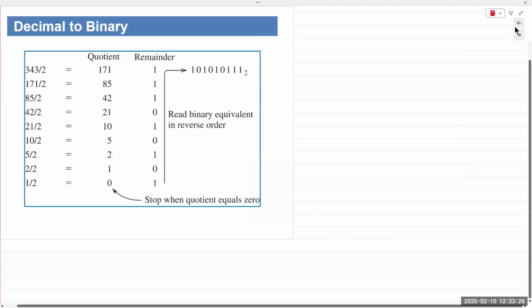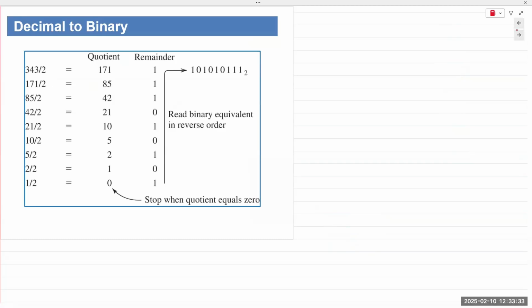All right, so if we have a decimal number and we want to convert it to binary, this is the process. We divide by 2 until the quotient is 0.